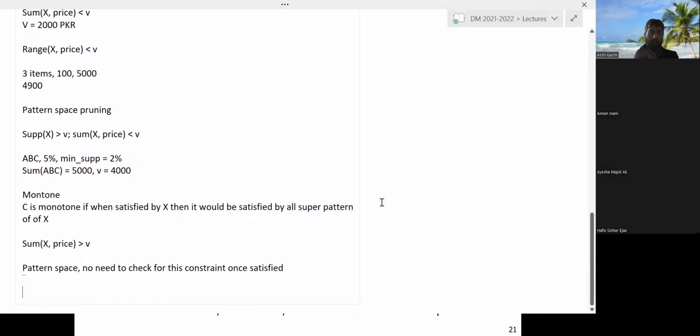So let's say the a priori algorithm is running, at any given level, let's say the third level, ABC satisfied the constraint. Then obviously at the higher level, all super patterns of ABC need not be checked because it will always satisfy this constraint. So the advantage here, of course, is reduction in the overhead for checking patterns, whether they satisfy the constraint or not. So we will know for sure that they will satisfy, so we don't need to check.